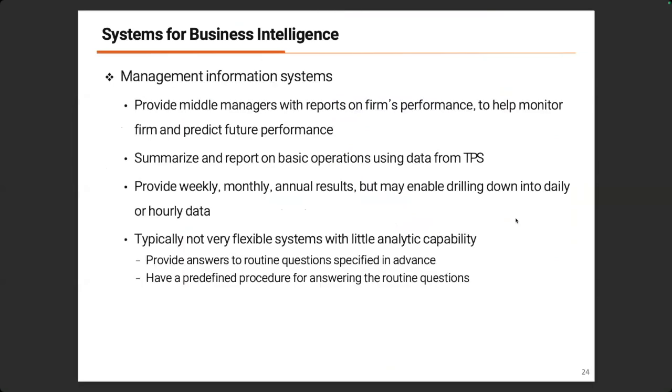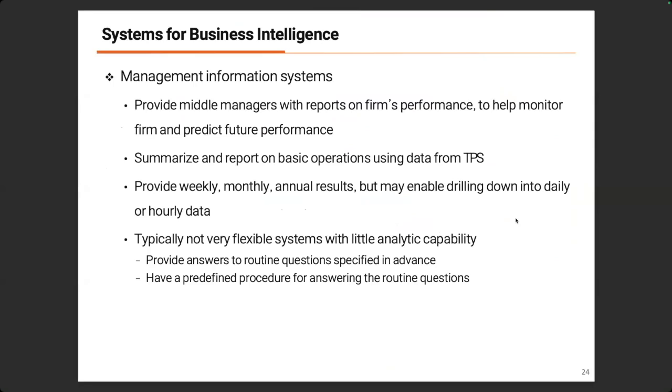So the first one is the management information system. We can call it MIS in short. We previously defined MIS as the study of information systems in business and management. But this term also designates a specific category of information systems which serve middle management in an organization.